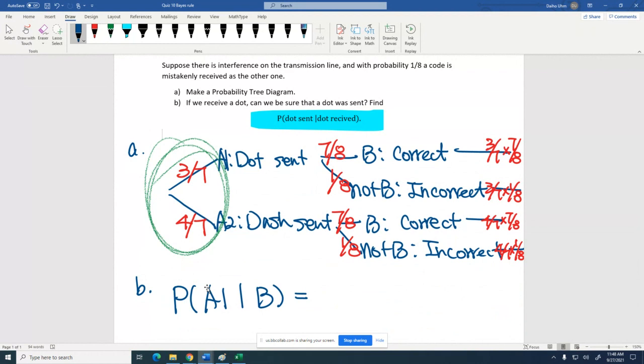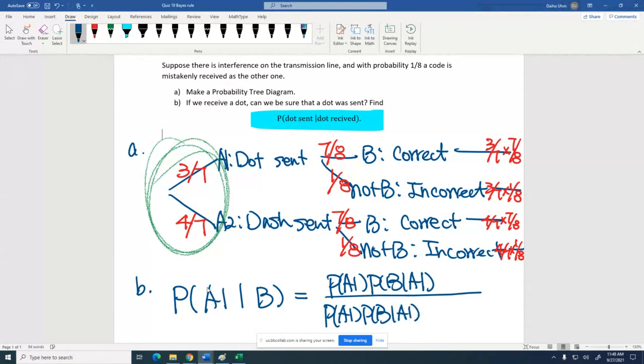I need the probability dot sent when we receive dot. We receive correctly, the event B. So now the order is A given B. Absolutely, we need the Bayes rule, which will be probability of A1 times probability of B given A1, over probability of A1 times probability of B given A1 repeated, plus the other case, probability of A2 times probability of B given A2.